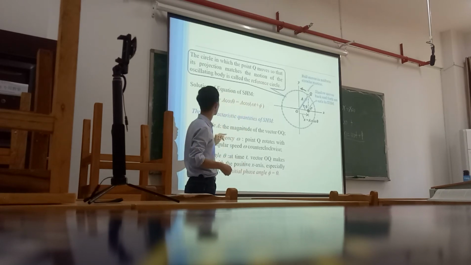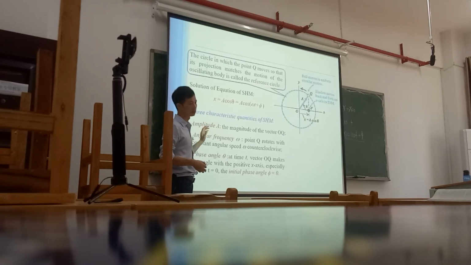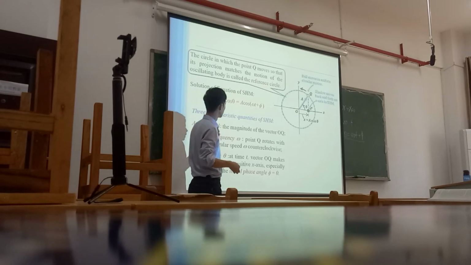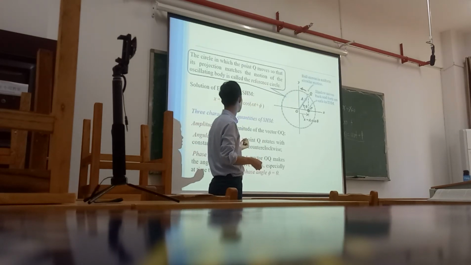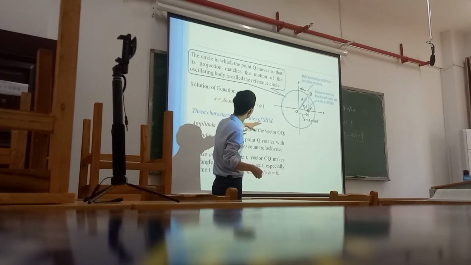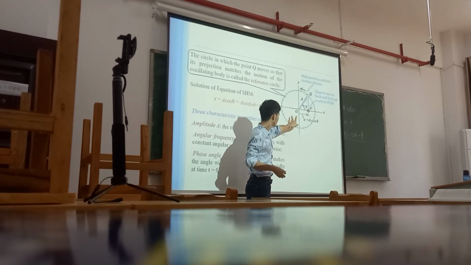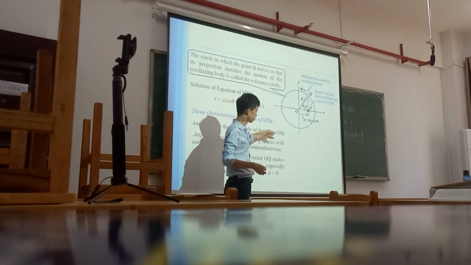So there are three characteristic quantities. First one is the amplitude. It is the magnitude of the maximum displacement, and in this figure, A is the magnitude of vector OQ.